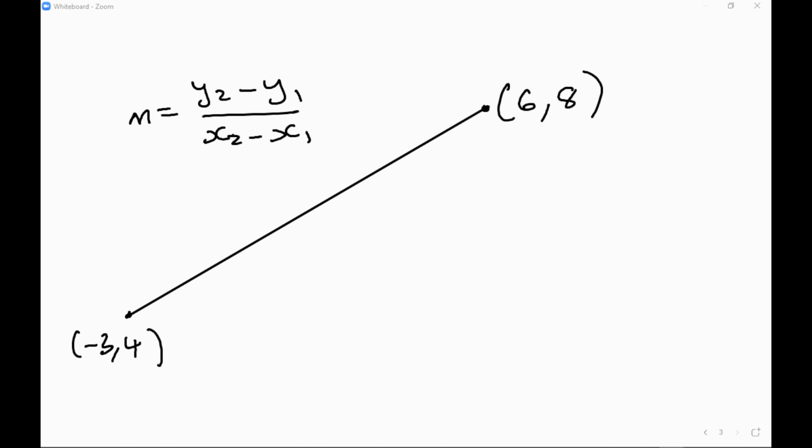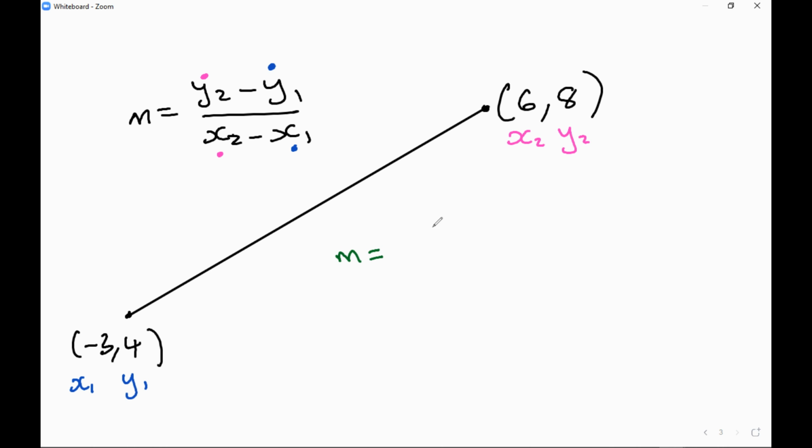All right, let's go through it now. The first thing we have to do is label the points. I'm going to start from the bottom here and label this x1 and y1. At the top here, x2, y2. So let's substitute it into the equation.